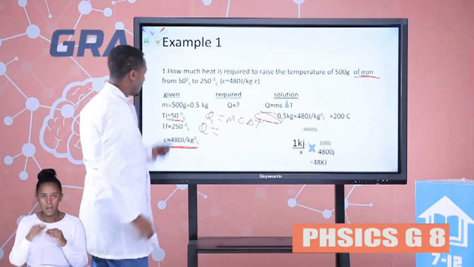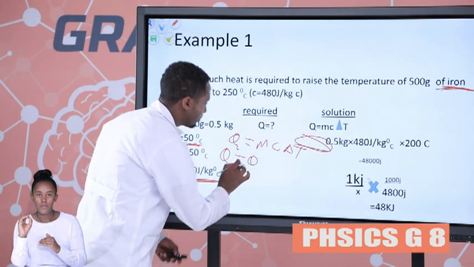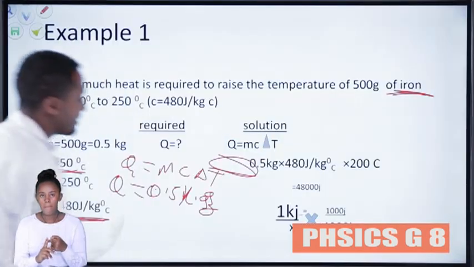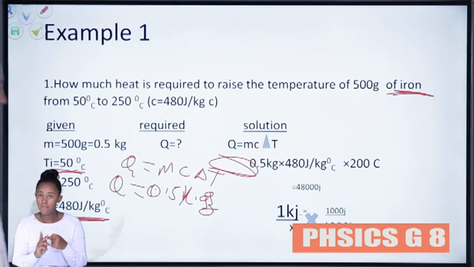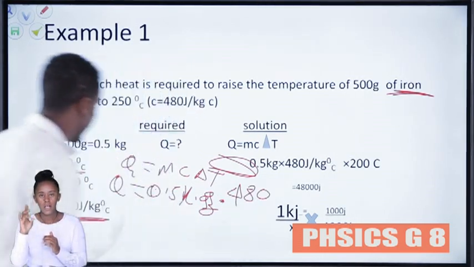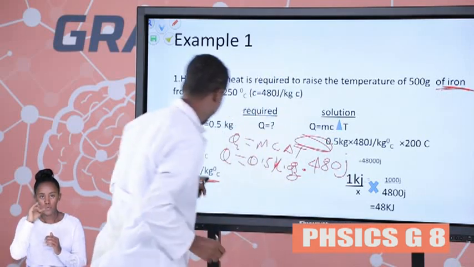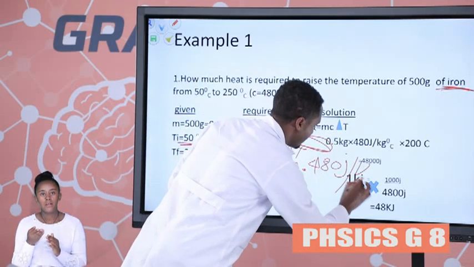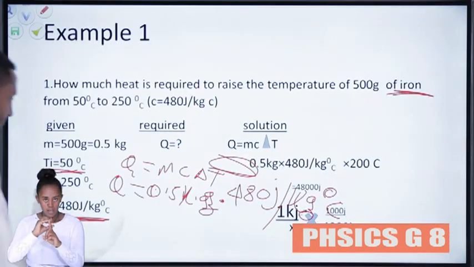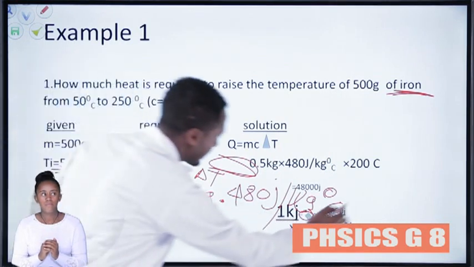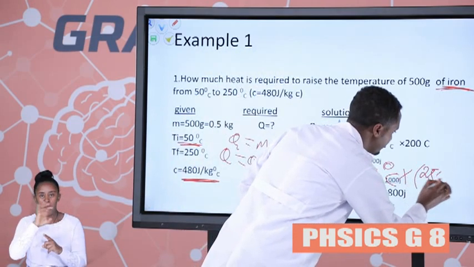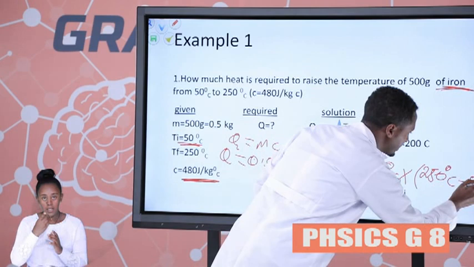Then Q is equal to 0.5 kilogram times C, 418 joule per kilogram degree Celsius, times the temperature change, 250 degrees Celsius minus 50 degrees Celsius.